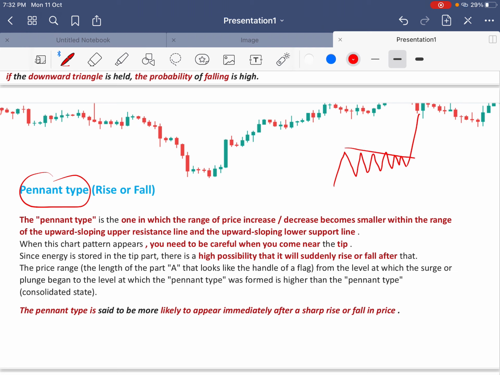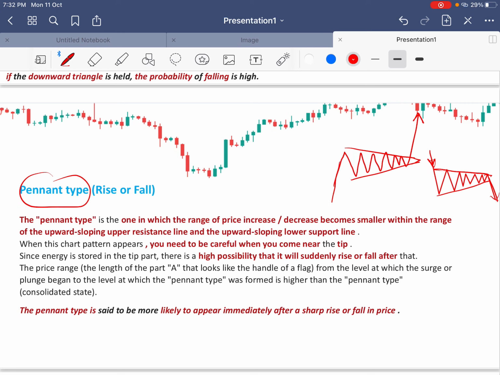The triangle looks like this, so either this might jump to a bullish trend, or if the trend is coming from this direction and it is forming a pennant-type shape like this, this might fall to a lower level.